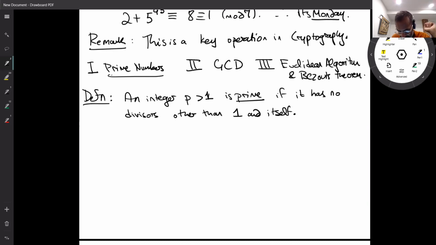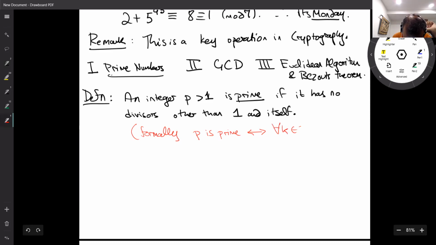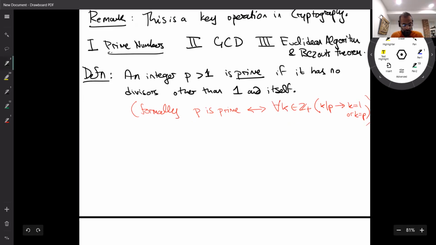The number is prime if there are no other divisors. Formally, a number p bigger than 1 is prime if and only if, for every positive integer k, if k divides p, then k equals 1 or k equals p. That's what the definition is saying in propositional logic. There are no divisors other than 1 or p.